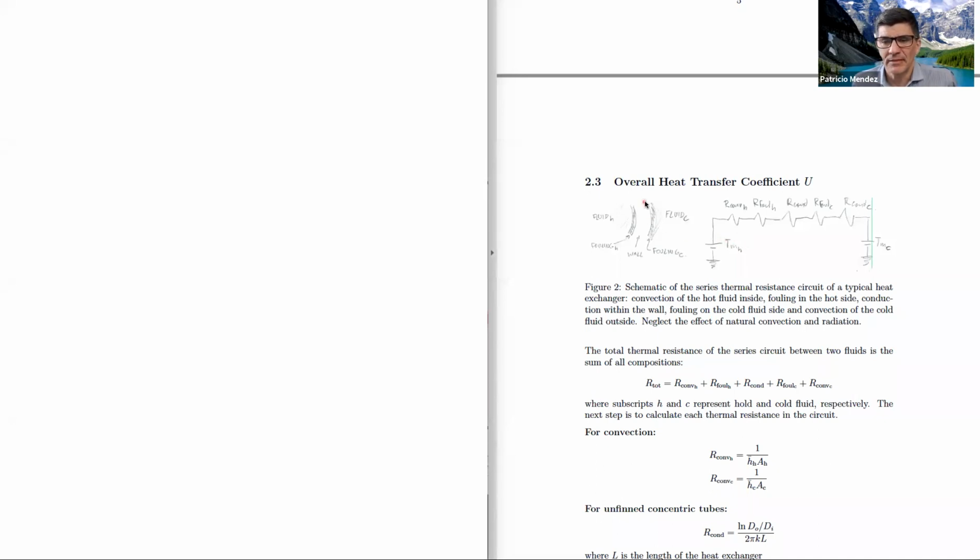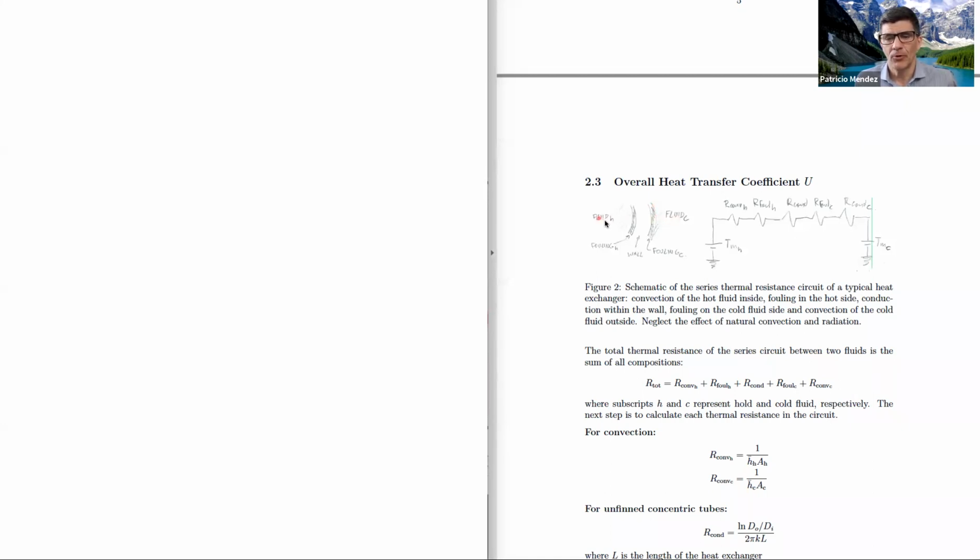So let's say, for the sake of an example, that we have a pipe, and this is a part of the cross section of this pipe. And here we have the wall of the pipe. We have on the inside, let's say, some amount of fouling. Why not? Can be zero fouling, but if it's not zero, we know how to account for it. On the outside, we have also potentially another amount of fouling.